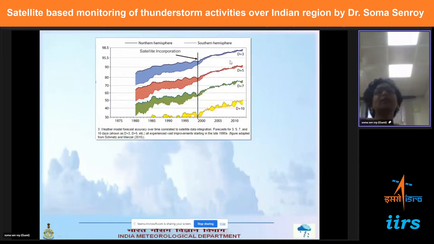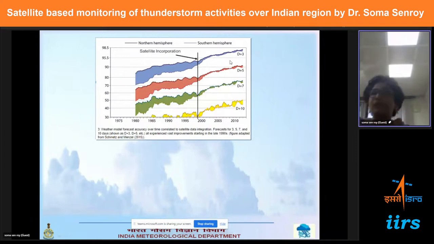You will note very clearly that post mid-1990s, there has been a very sharp increase in the improvement of the model forecasts at all time scales.